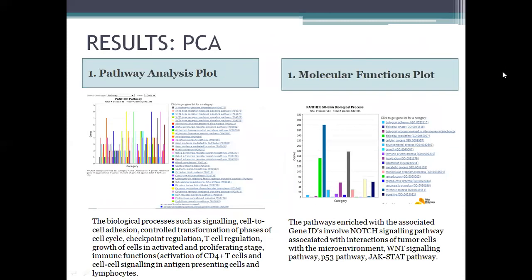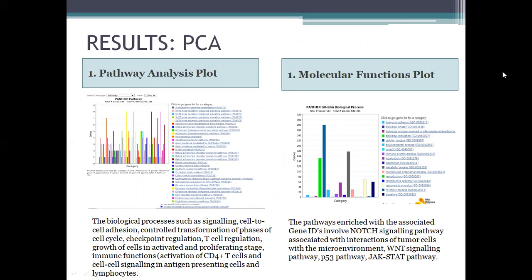Coming to the pathway analysis plot for this group, we see that the pathways that are responsible for differences within the lymph node and the lymph node mixed cell population are because of biological processes such as signaling, cell-to-cell adhesion, controlled transformation of phases of the cell cycle, checkpoint regulation, T-cell regulation, growth of cells in activated and proliferating states.